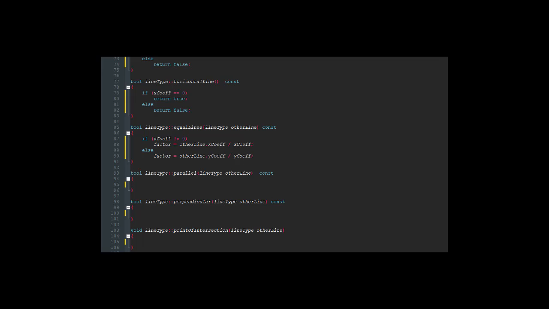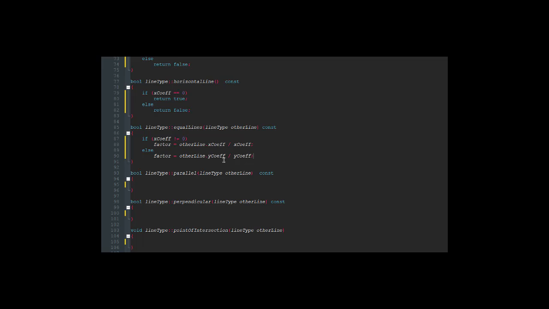Now we need to make sure that if the x coefficient times the factor is equal to the other line's x coefficient, and the y coefficient times the factor is equal to the other line's y coefficient, and our constant term times the factor is equal to the other line's constant term, then we need to return true. If that is not true, then we need to return it as false.